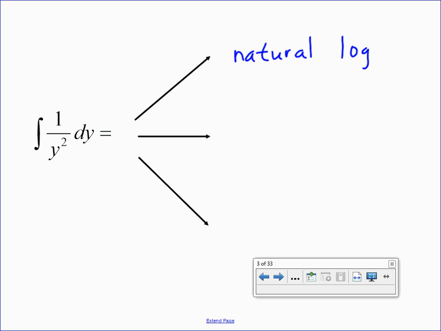No. Is it overall an inverse tangent rule? No. Overall, what antiderivative rule would I use to integrate this? Hayden? Power rule.